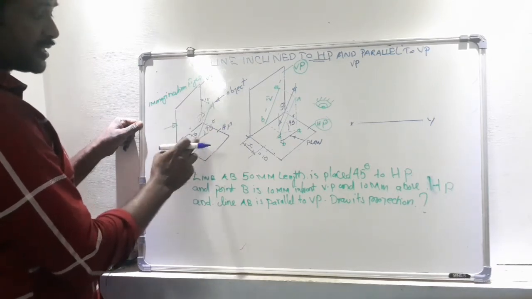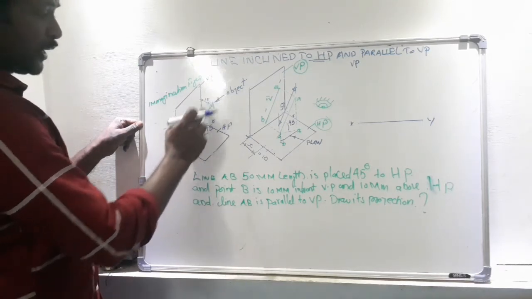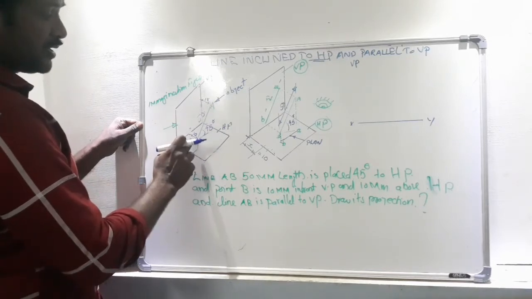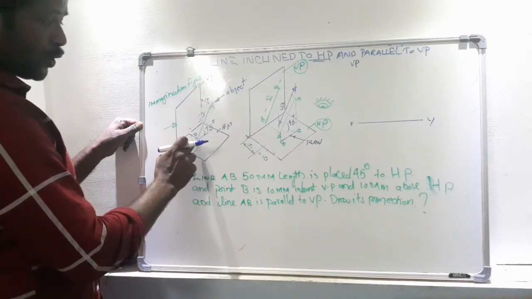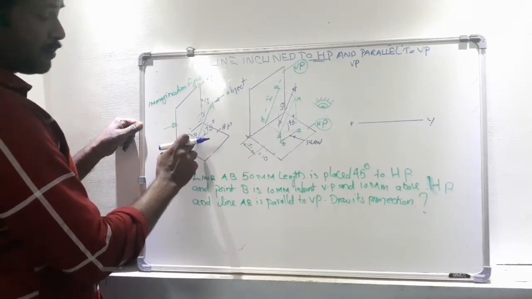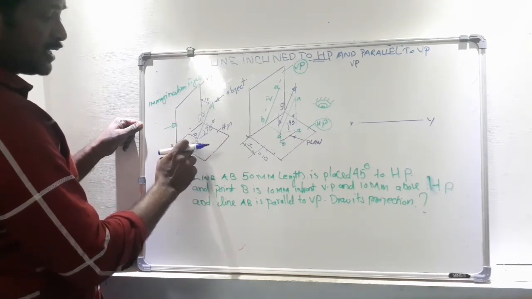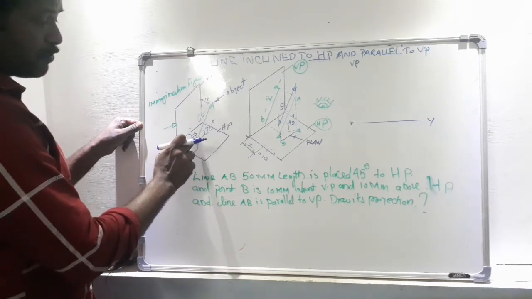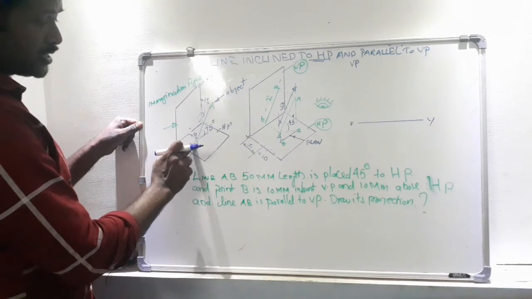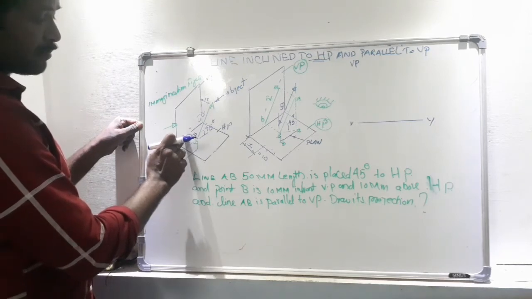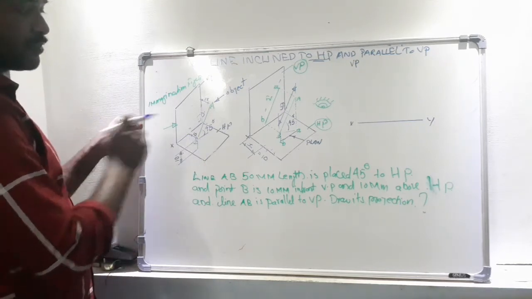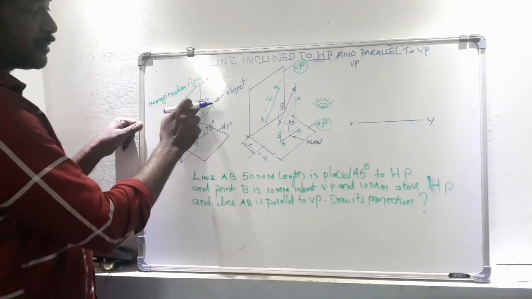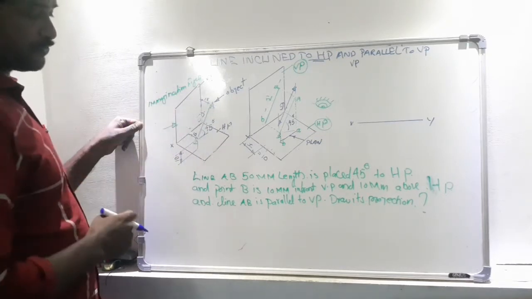And we know that a line has minimum 2 points, here those points are A and B. Here B is the lowest point. Here B is not touched with HP. So we can say that point B is 10 mm above HP and 10 mm in front of VP. Similarly, point A is fixed 10 mm in front of VP.